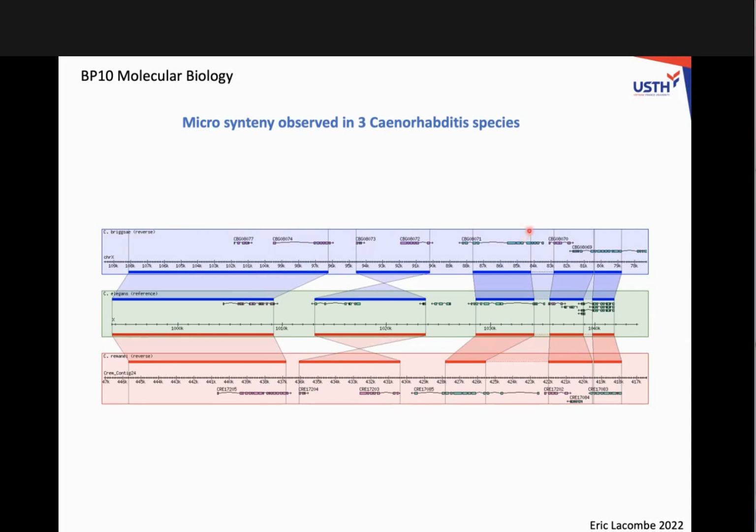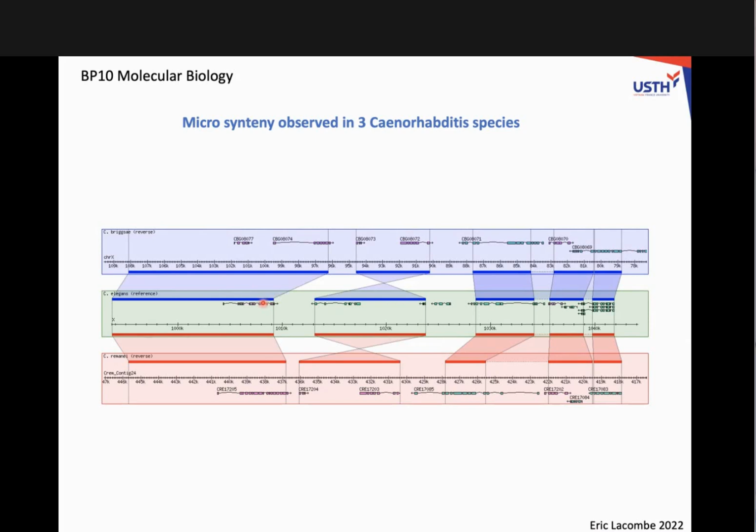Okay, that's perfect. Then if we compare the nucleotide sequence of this C. briggsae, this species, to C. elegans, here in blue we have what is exactly the same, including the orientation.